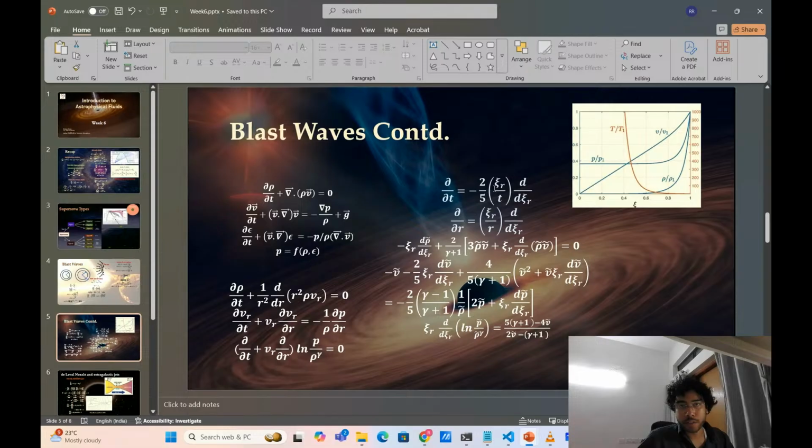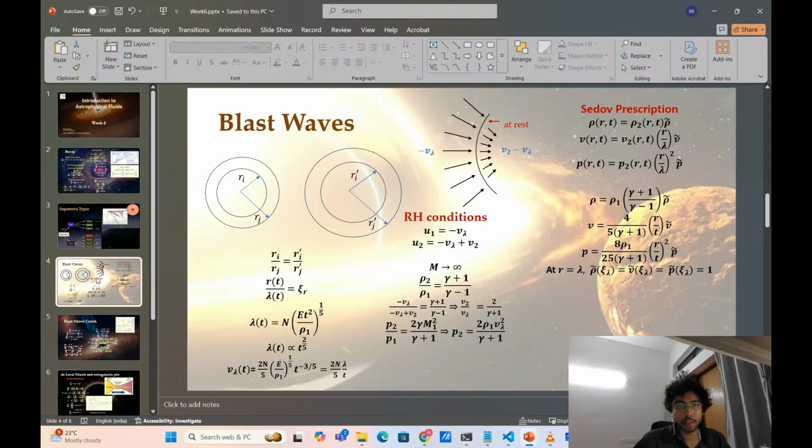Similarly, if you put these values of rho, v, and p, you will get this equation from the Euler's equation, and similarly we'll get this equation from the equation of state. Okay, so we have derived these equations. Now these are three differential equations, and we have three initial conditions, right?